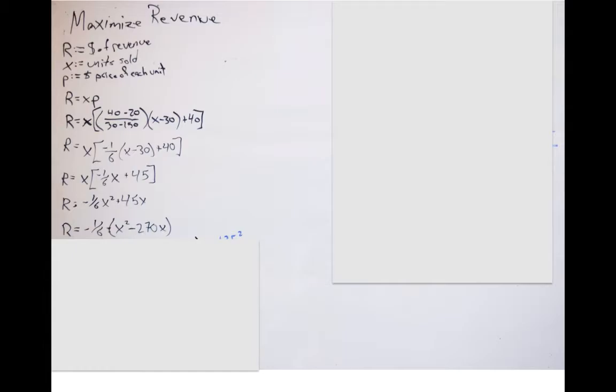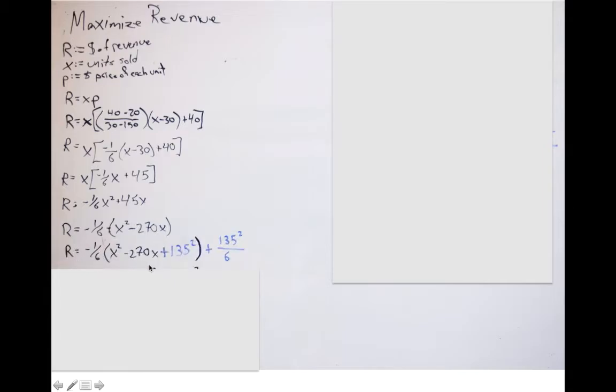Now, as we see, our parabola here has a negative leading coefficient. That means it's going to open down, which is what we saw in the graph. And so it's going to be a local maximum. So now when I pull out my negative 1/6, I have x squared, and then if I pull out a negative 1/6 from 45, I get negative 270.